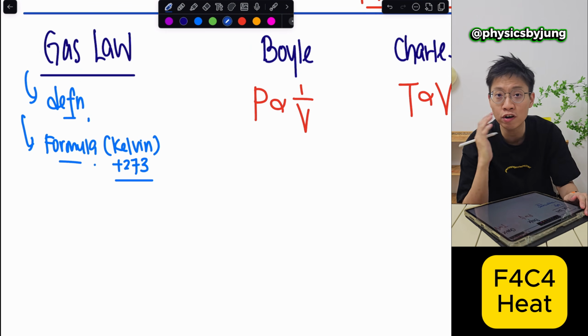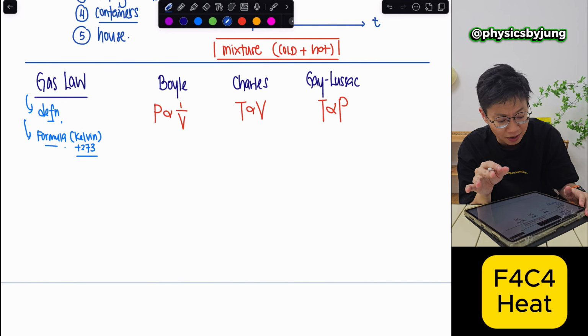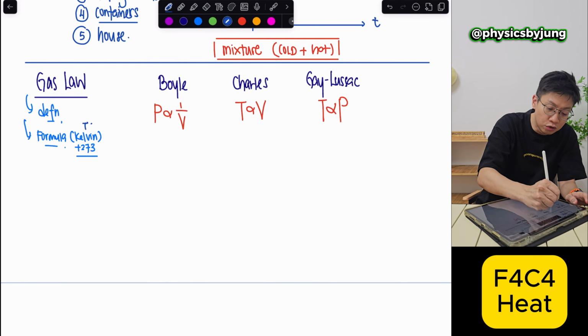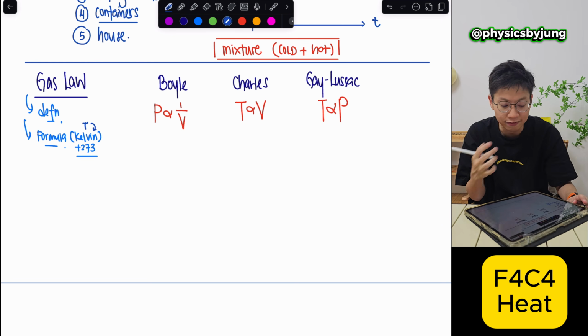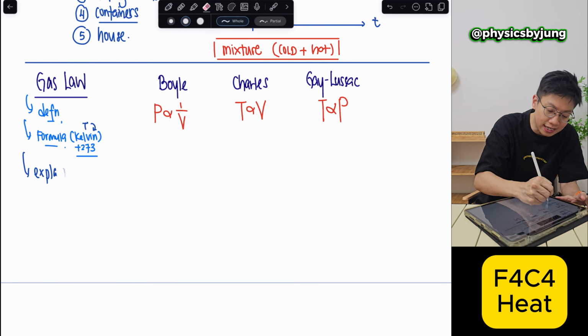For whoever forgets, good luck, because this is the most common exam error. When you calculate, especially on the temperature side, you need to change it to Kelvin by adding 273. After that, you have to be able to explain the physics concept.